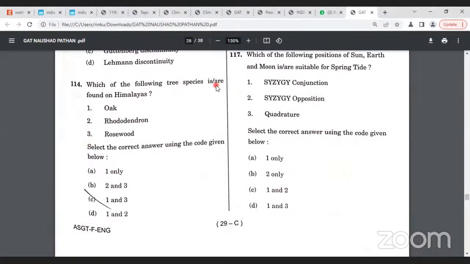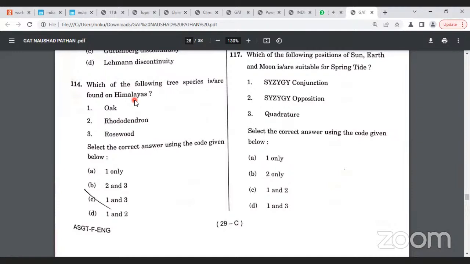Which among the following tree species are found in the Himalayas? The Himalayas are famous for vegetation which changes with altitude. So it has vertical zonation. You will see various types of forests depending on the altitude. Oak is famously found in the lower reaches, rhododendron in the upper reaches.